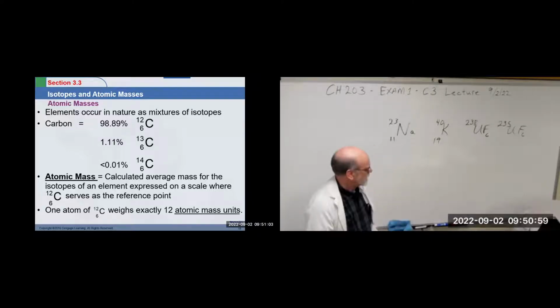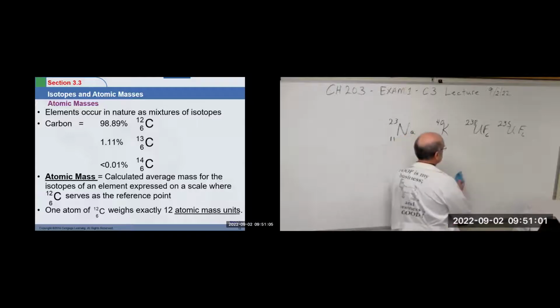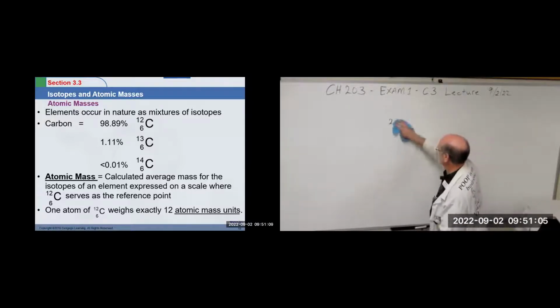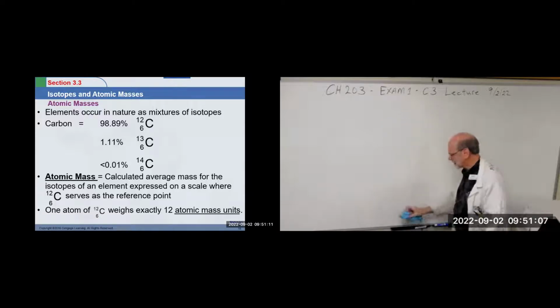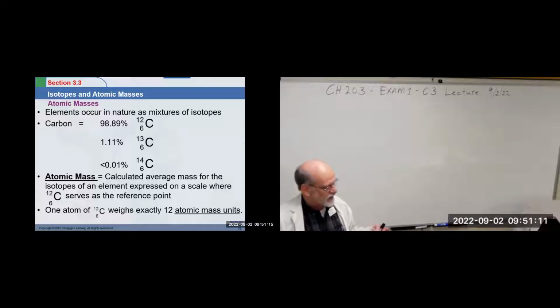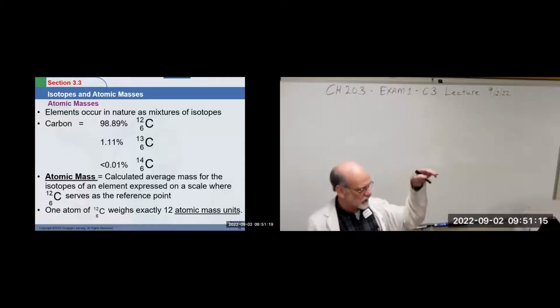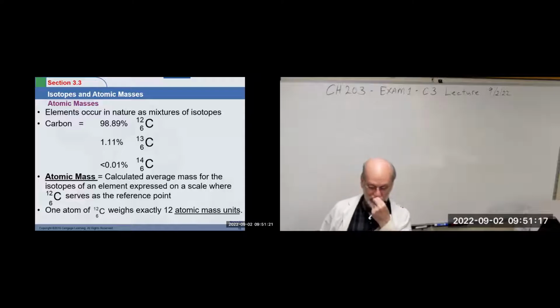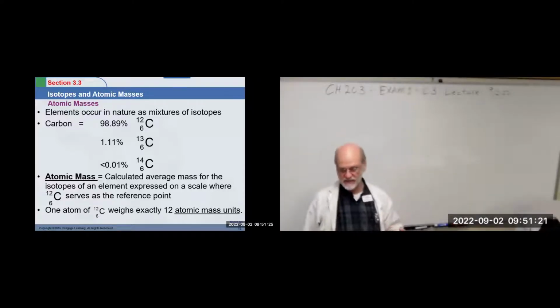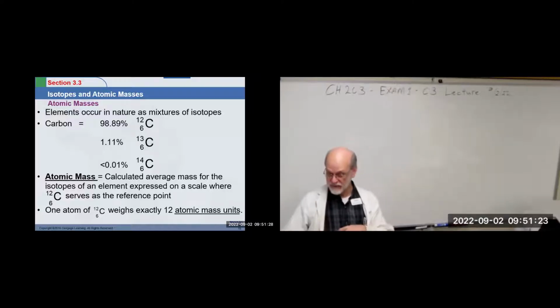Okay. So now, when you look at the periodic table, each one of those little boxes has the element, has the atomic number, it has another bigger number, usually in the upper left or upper right-hand corner. And that number is the atomic mass, not the mass number.